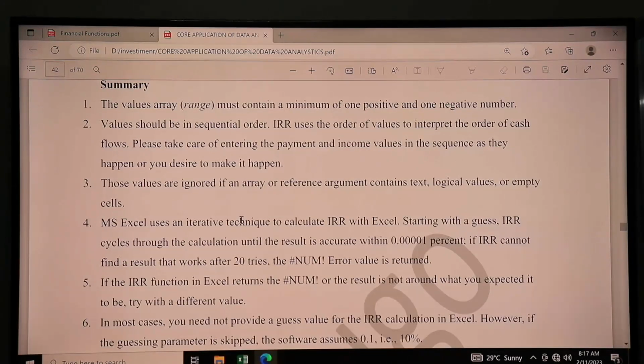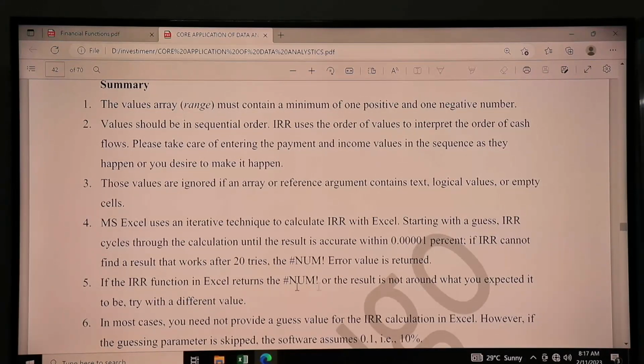So please take care to enter the payment and income values in the sequence in which they happen or you desire them to happen. Then Microsoft Excel uses an iterative technique to calculate these, starting with a guess. The internal rate of return cycles through the calculation until you get the accuracy you specify. So you give an accuracy of a specific amount.